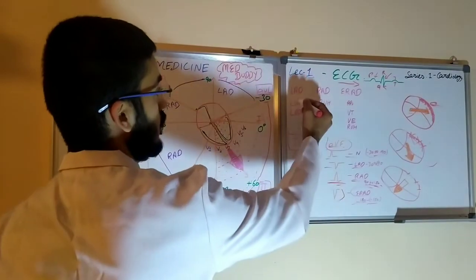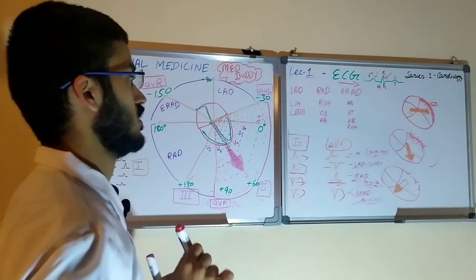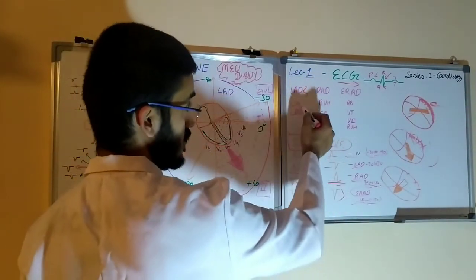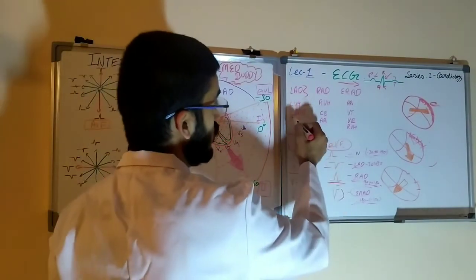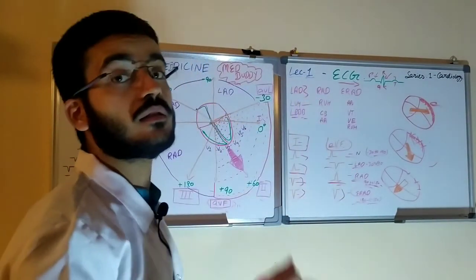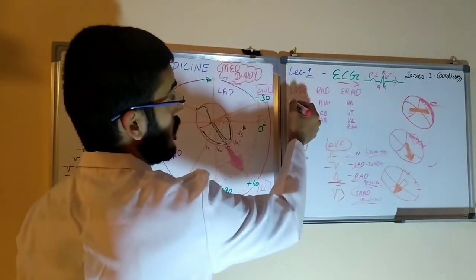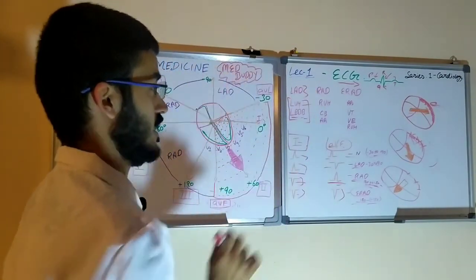Now let's see what the common pathologies are that can cause it. Left axis deviation is mostly seen in left ventricular hypertrophy and left bundle branch block. There can be many other reasons for this, but in clinical practice you are going to meet these cases mostly.